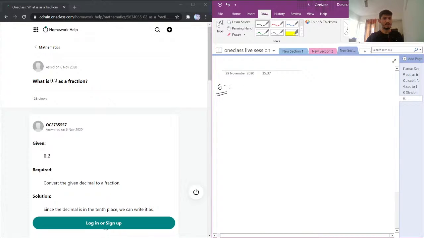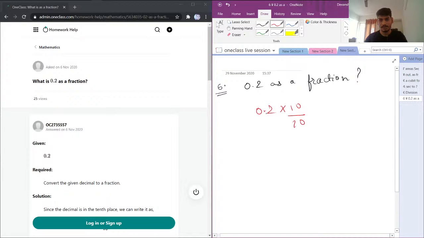So what is 0.2 as a fraction? So I will write 0.2. Then I will just multiply this with 10 and divide this with 10, because here we have only one decimal place.